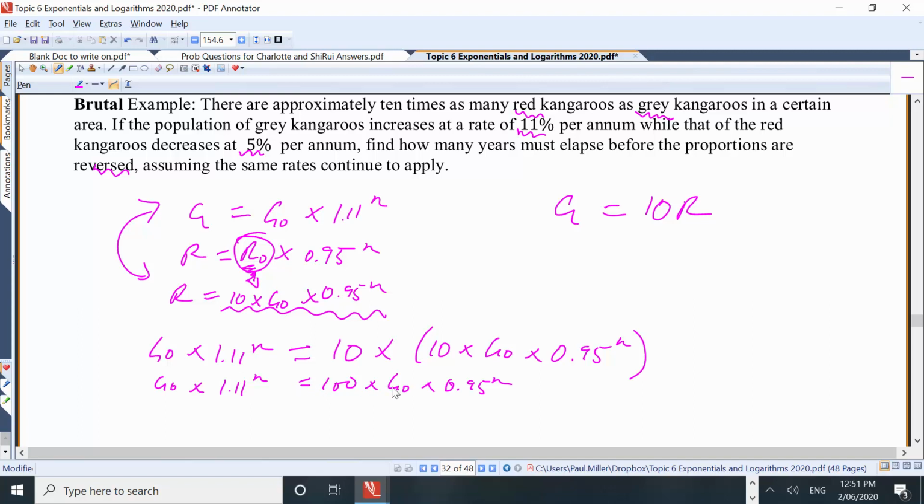All right, now what's going to happen is I'm going to divide by G0 and G0, which knocks that out basically. All right, then what I'm going to do is, well, let's just rewrite it. 1.11 to the n equals 100 times 0.95 to the n. Now I'm going to take a log of both sides. And remember, when you log both sides, you can choose really any base that you want to choose.